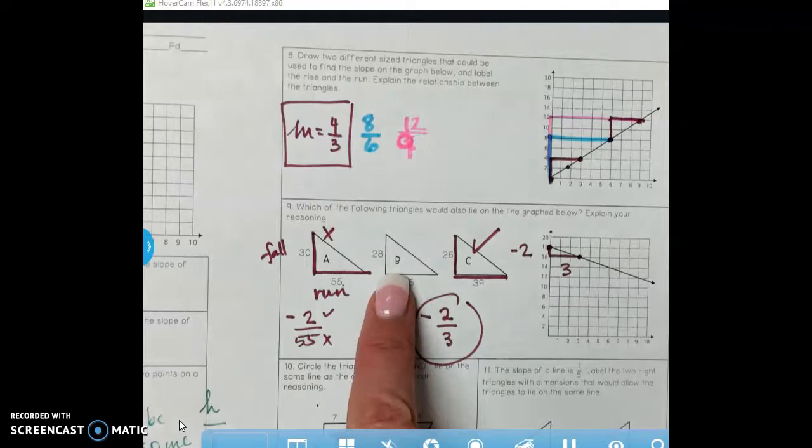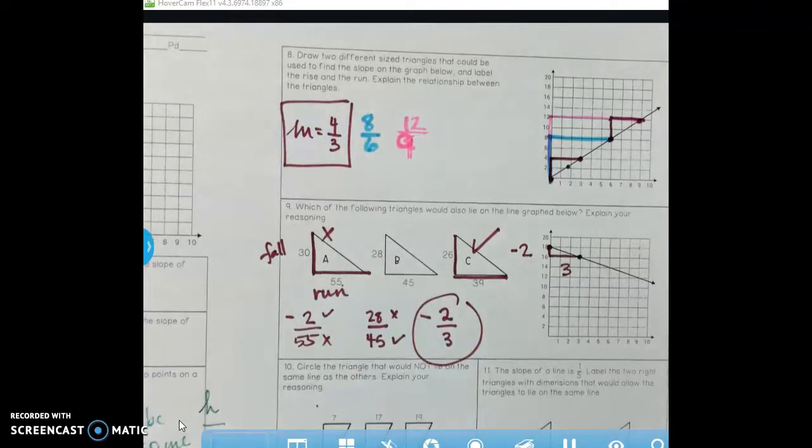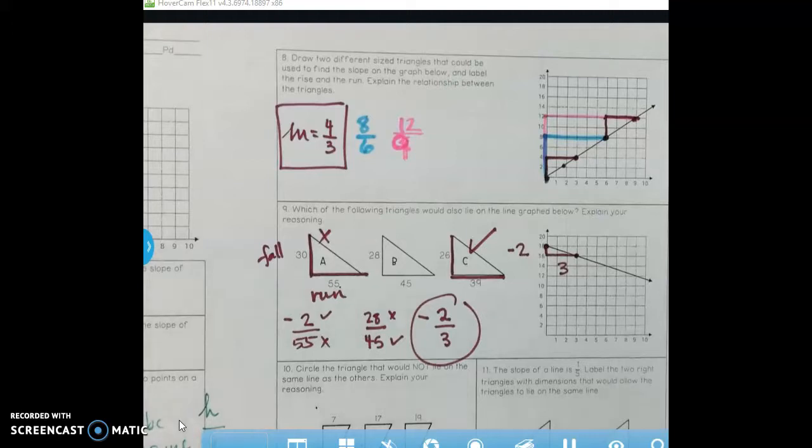If you see triangles, no matter how they're positioned, make sure that you do your analysis. Am I rising and running, or am I falling and running? Start with, is it positive or is it negative? So please take time to practice on quizzes and sets of questions, and please let me know if you have additional questions.